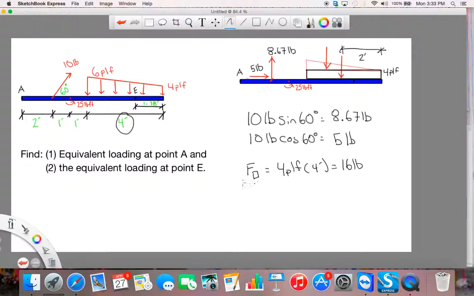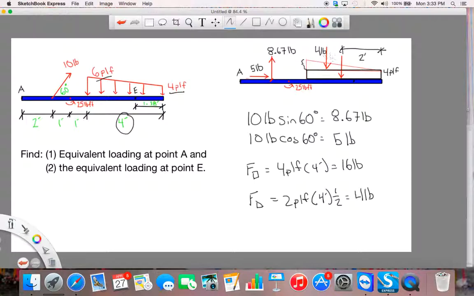The force for my triangular load is this height, which is 6 pounds per linear foot minus 4 pounds per linear foot, so 2 pounds per linear foot, times the length, again 4 feet, and since it's a triangle, it's half the area. So I get a force of 4 pounds.